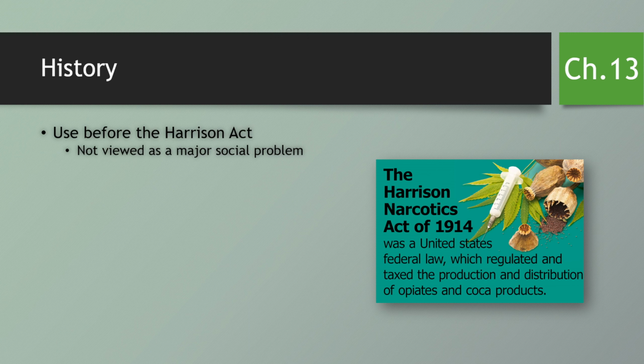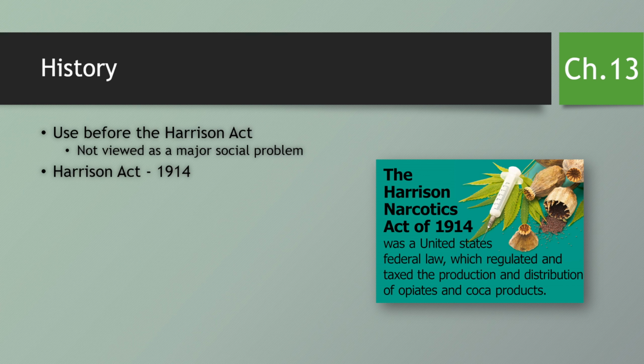Around the start of the 20th century, almost as high as 1% of the US population was using morphine, or opioids, I should say, on a regular basis. So it was relatively not viewed as a major social problem.